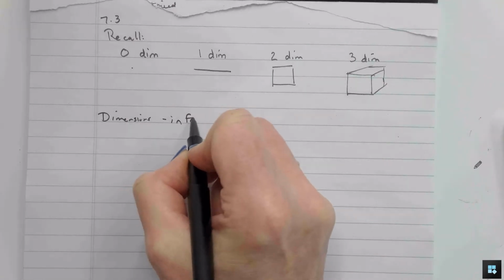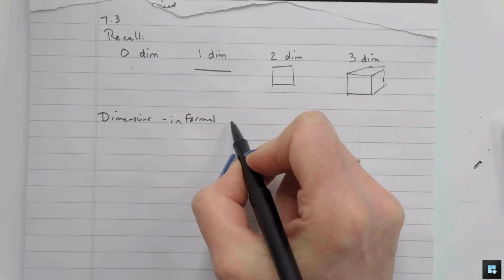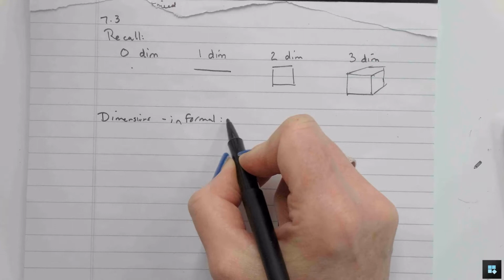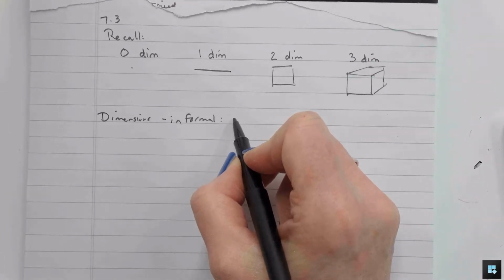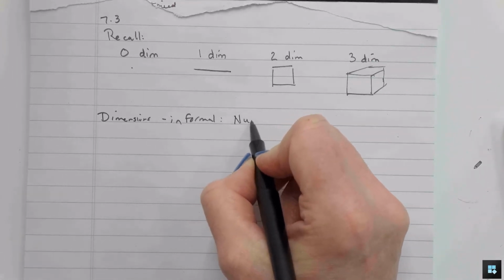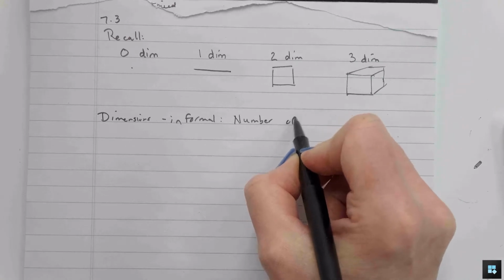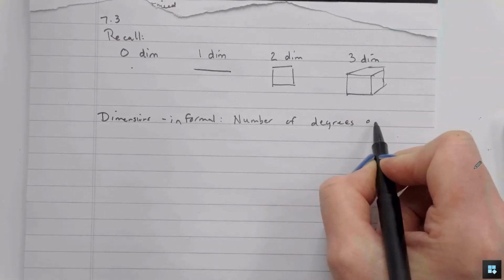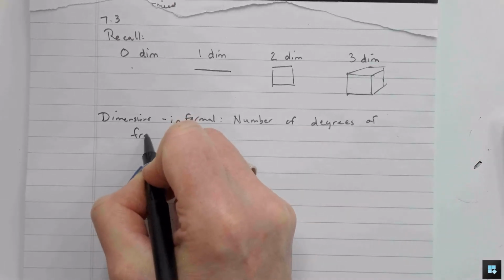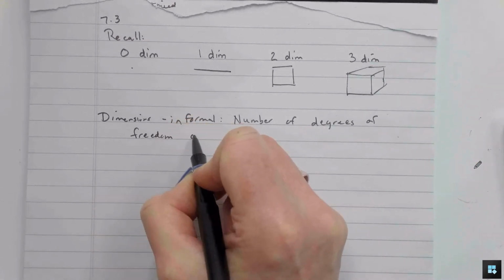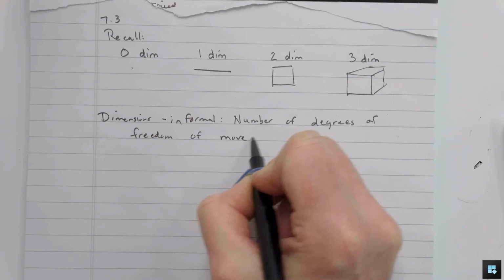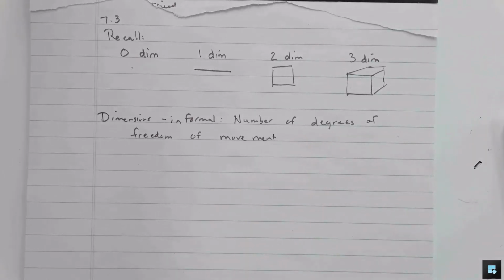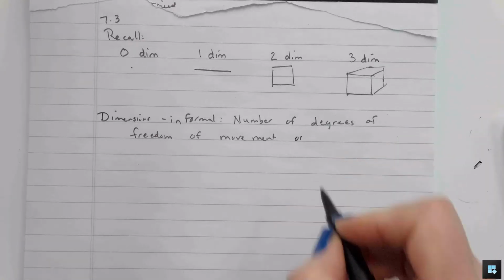So we had an informal definition of number of degrees of freedom of movement, or number of pieces of information to locate a position.